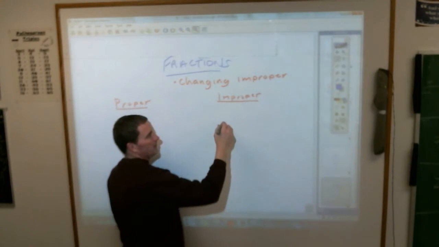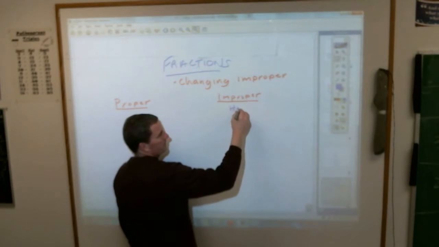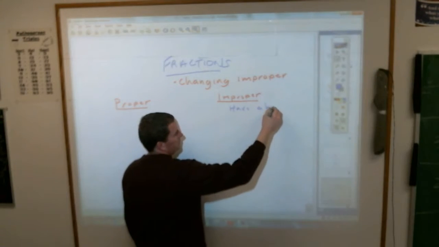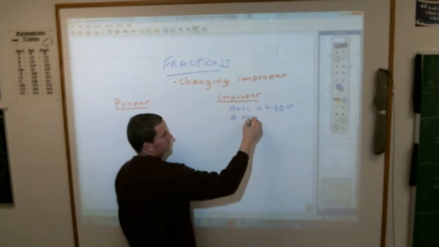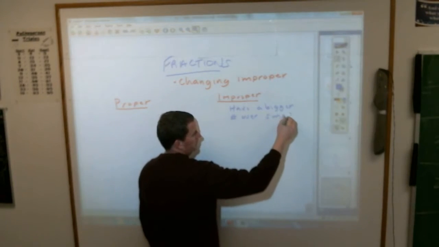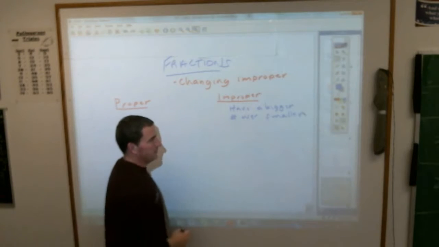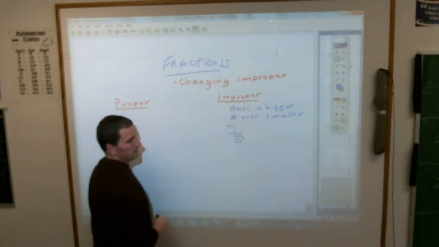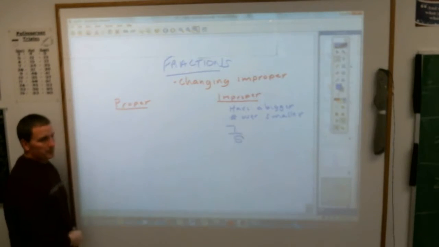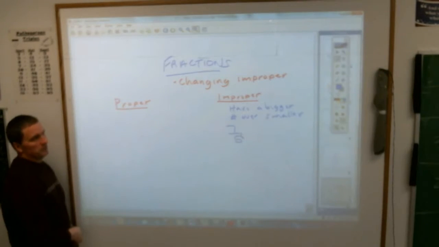Now let me just tell you, improper fractions have a bigger number over a smaller number. For example, 7 over 5. Okay, we call that improper because we don't like it. There's an easier way to say that.